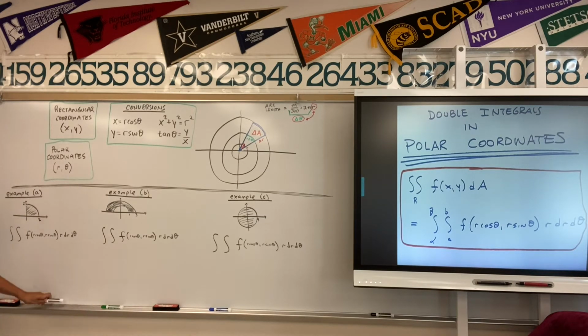So, circular base. Now what about the radius? The inside bounds represent the radius, and so we're going to go from the origin out to 2, so 0 to 2 for the inside bounds for example A. Now what about the outside bounds? Look at where I've only shaded in the first quadrant. Remember how our unit circle works as you rotate around the axes.